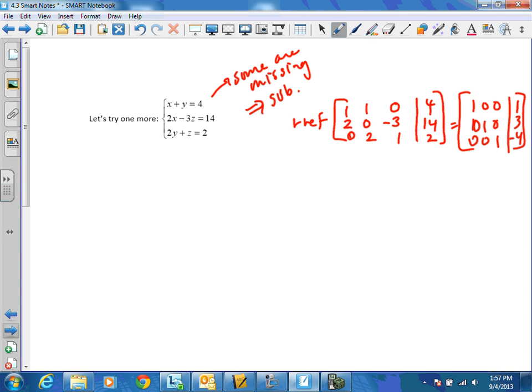Okay, I did it wrong. So now that we know what the right answer is, we're going to do the algebraic work to get there. So when you substitute, what do you have to do? Get a variable by itself.